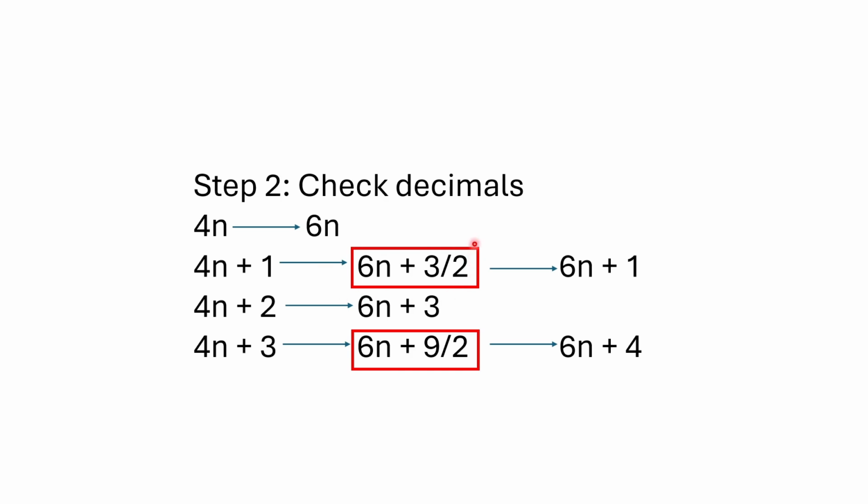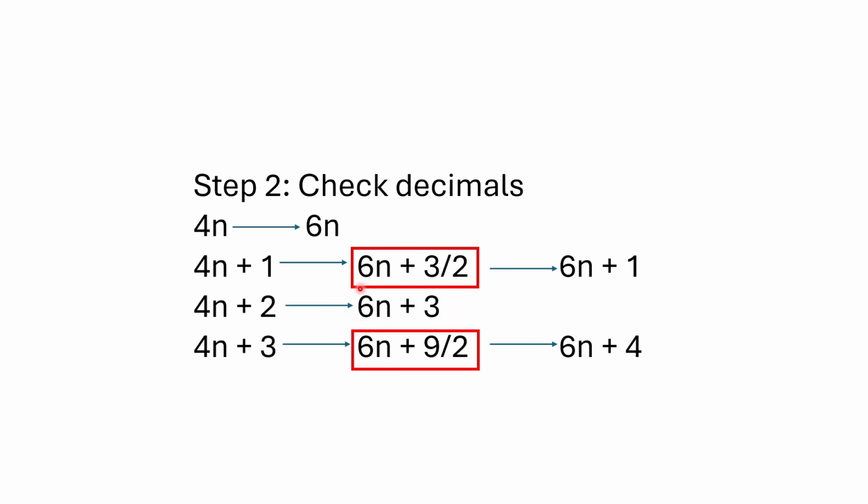But in here, as I boxed it out, 6 multiplied by n is an integer. However, 3 divided by 2 is not an integer. So we round it down to 6n plus 1, right? And we also tell the other person that we got decimals in here.